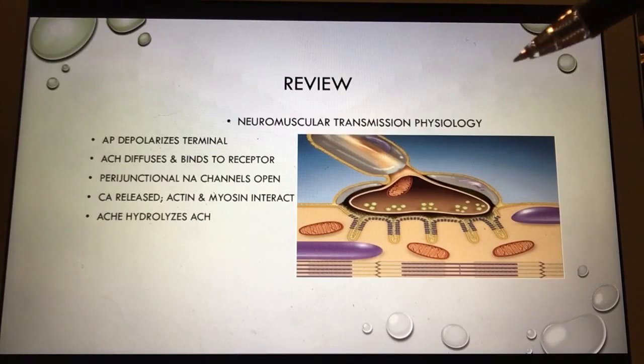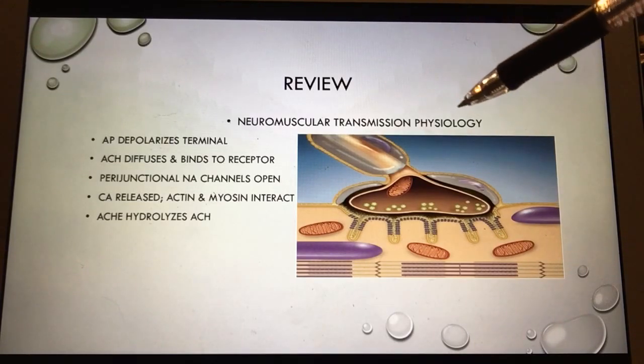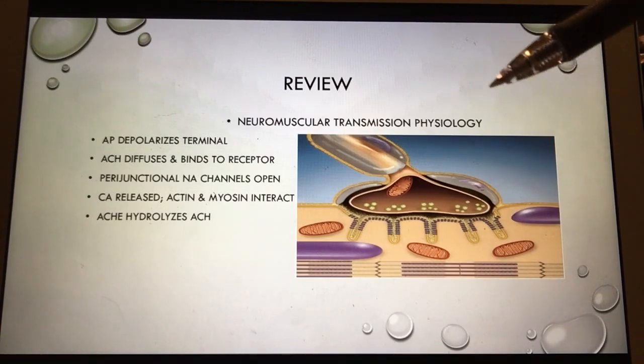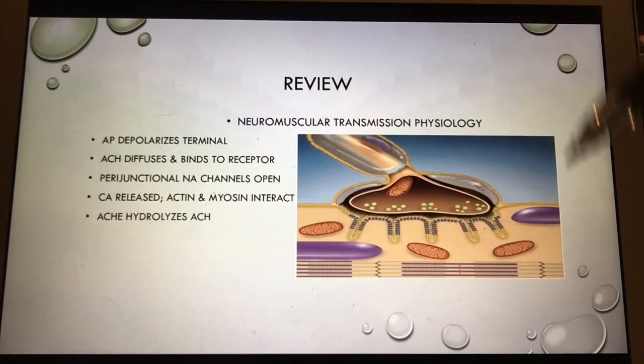Once a threshold voltage is developed through these cation influxes, voltage-gated sodium channels open in the perijunctional areas and cause an action potential that propagates along the muscle membrane. So these perijunctional sodium channels become activated, and then just as quickly as they're activated, they become inactivated.